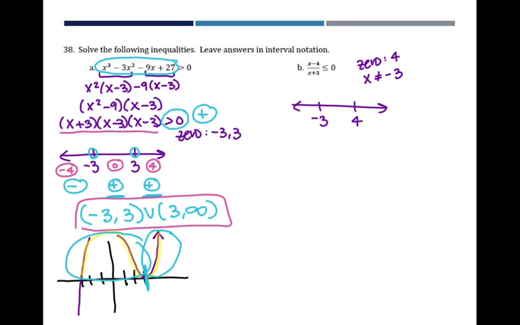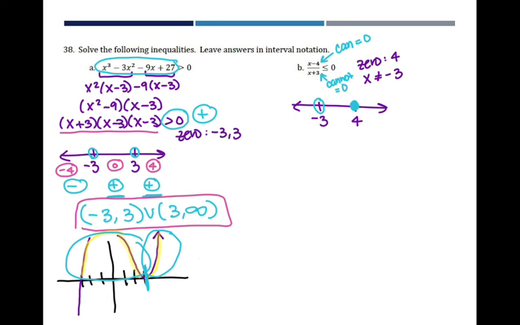Now, it can equal 0, so that means I can have the value of 4, but I cannot have the value of -3, because that was from the denominator, and you can never divide by 0. So again, my numerator can equal 0. This cannot equal 0.